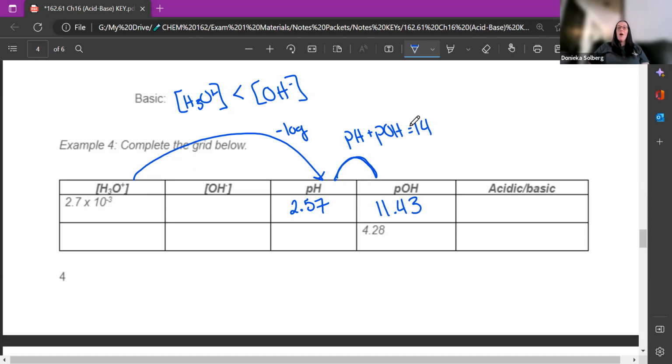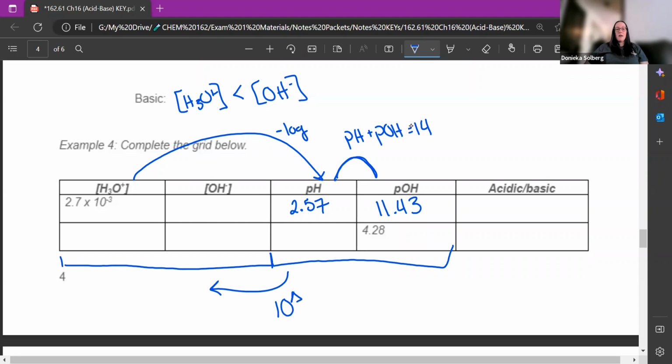Now the thing that we forget sometimes is when going backwards, what is the inverse of a log base 10? Well, the inverse of a log base 10 is 10 to that power. So if I'm going from the right side to the left side, to a concentration, I'm going to do 10 to the power of negative whatever your pH or your pOH is.